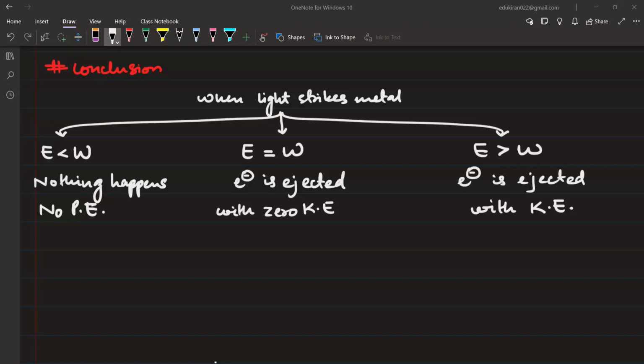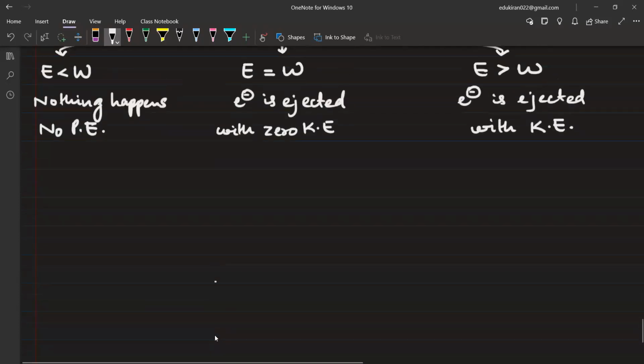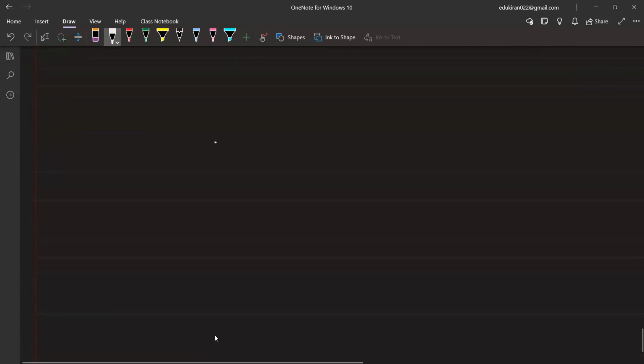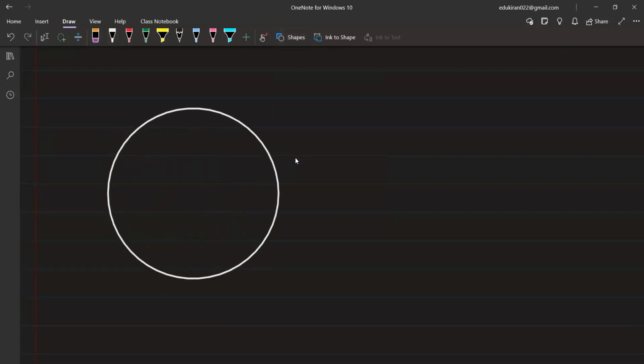Now let us understand what is the significance of the photoelectric effect in the structure of the atom, and especially the position of the electron. So please see. Right now we have a model of the atom in which the nucleus is in the center.